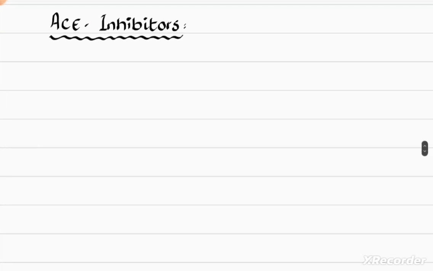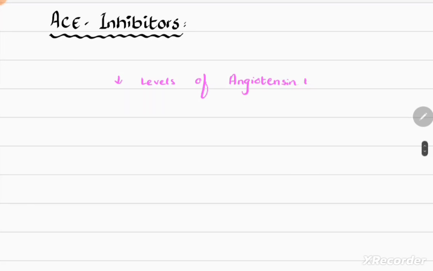So we have already discussed the mechanism of action of ACE inhibitors. They cause a decrease in the levels of angiotensin 2 by inhibiting the conversion of angiotensin 1 into angiotensin 2.